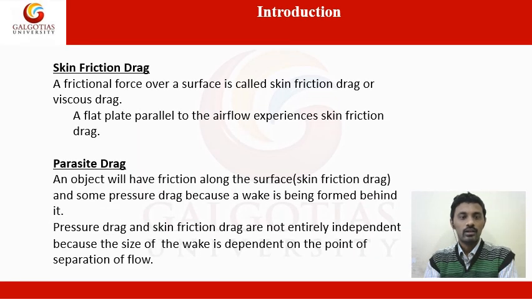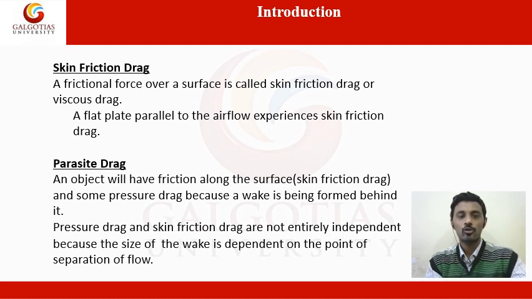So next one is skin friction drag. It is a kind of frictional force over a surface. Frictional force over any surface is called skin friction drag or viscous drag. For example, a flat plate parallel to the airflow will experience skin friction drag.